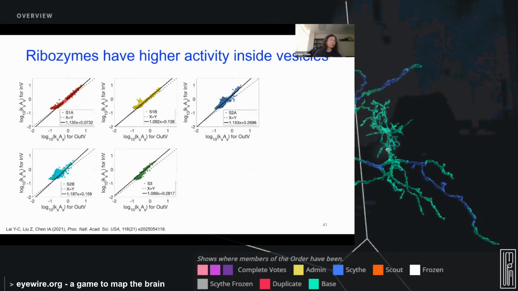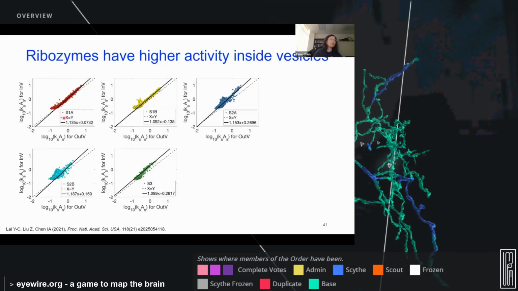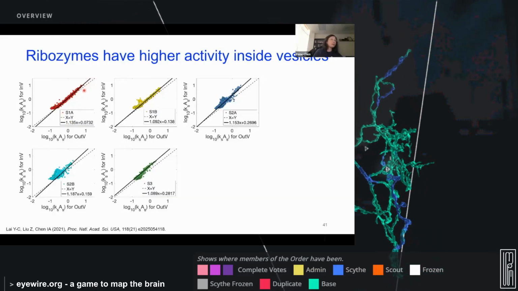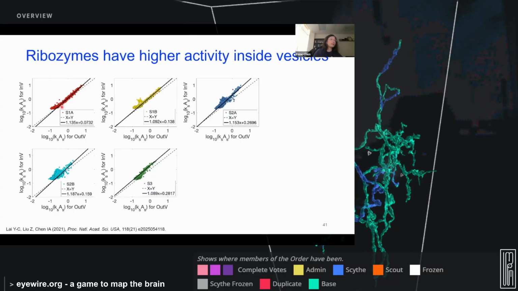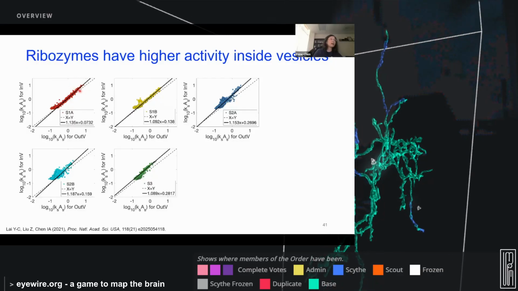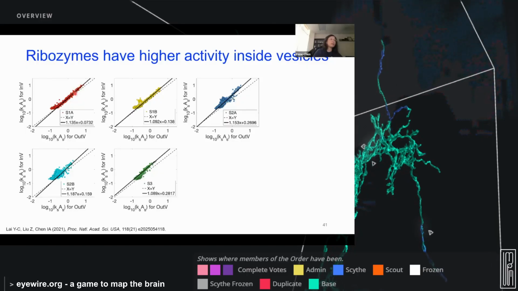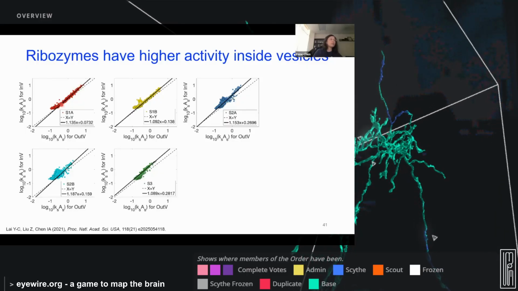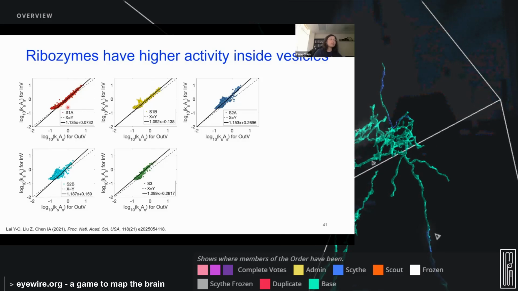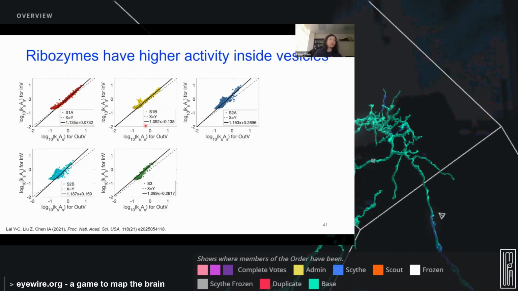And actually, if you fit the red dots, the slope of this fit is greater than 1. So it's not really the x equals y line. It is deviated where these higher activity sequences have a greater increase in activity when they're encapsulated compared to these lower activity sequences.